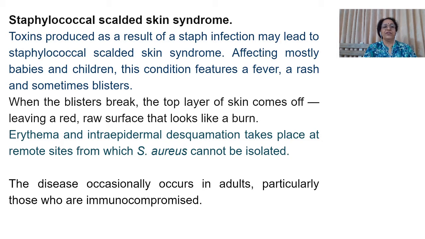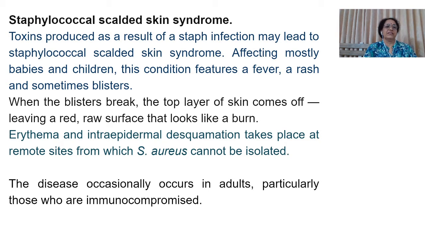That is, during this scalded skin syndrome, the blood picture does not show presence of the organism because the organisms are present somewhere in other parts of the body, but the toxin may reach the skin and show such a type of syndrome. The disease occasionally occurs in adults, mainly in immunocompromised patients.